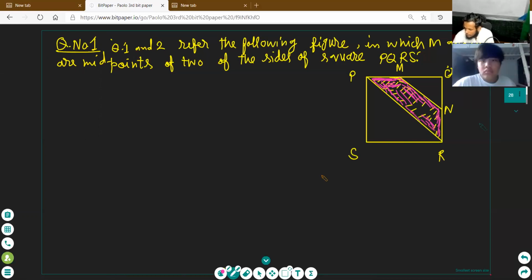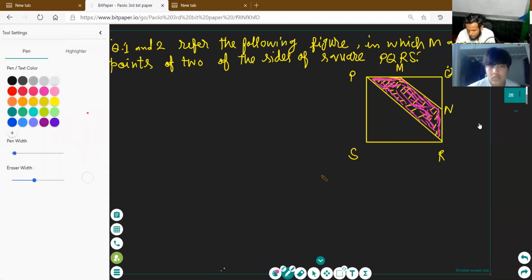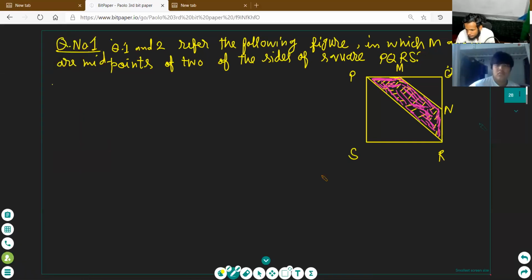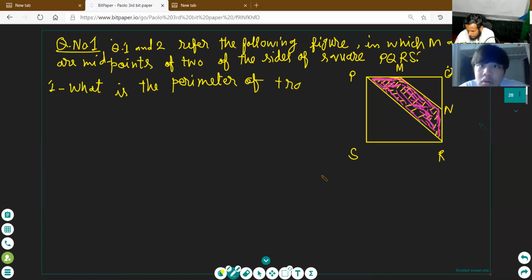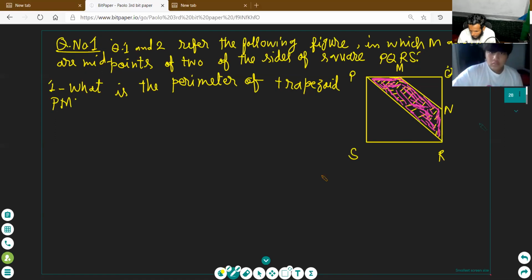See here, this is the colored portion. And the question, what is question number 1? What is the perimeter of trapezoid PMNR?